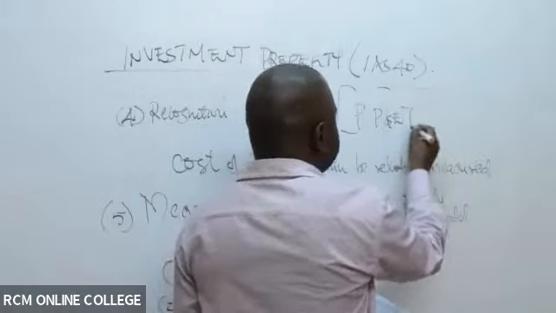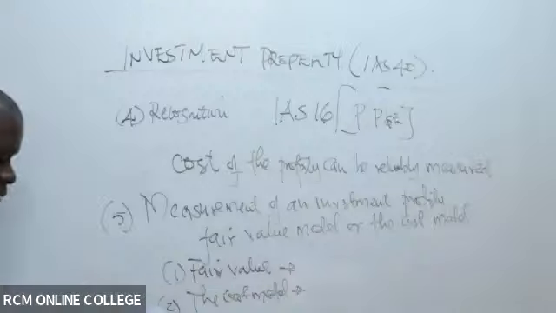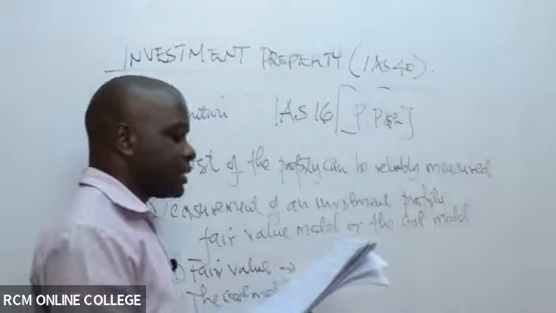This particular IAS deals with property, plant, and equipment. Will be accounted as per International Accounting Standard number 16.